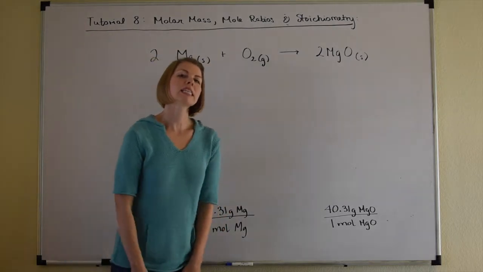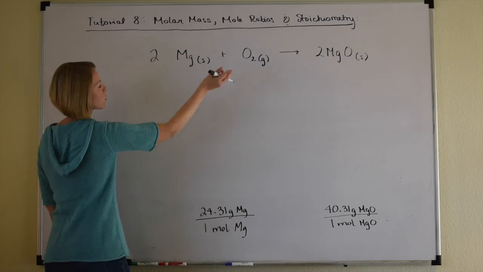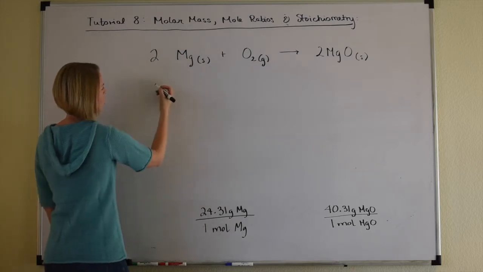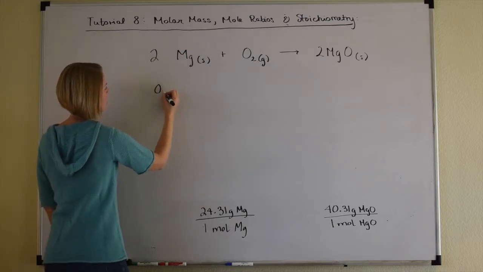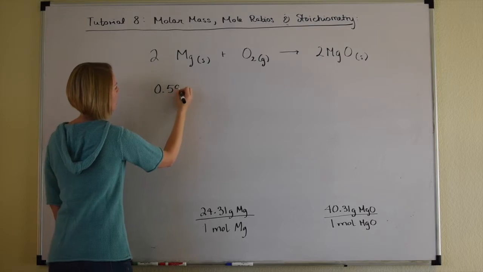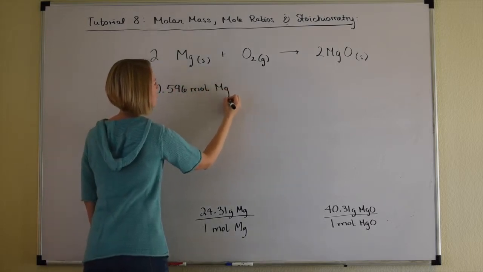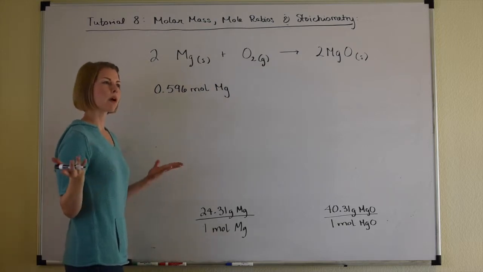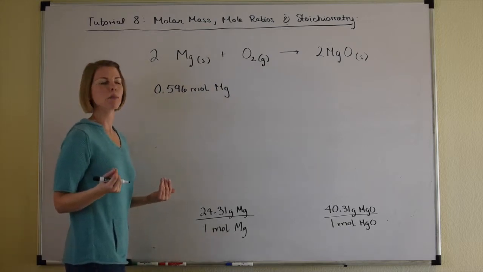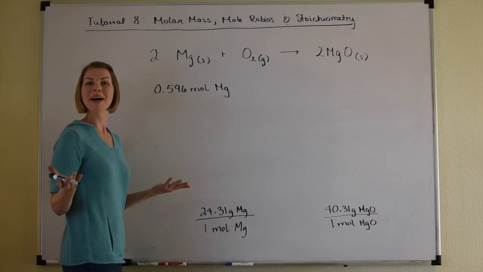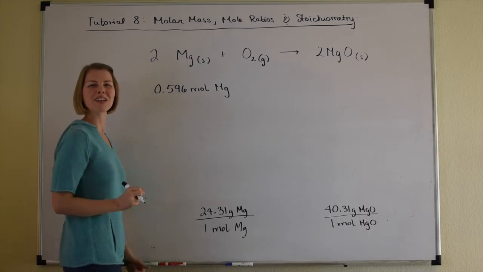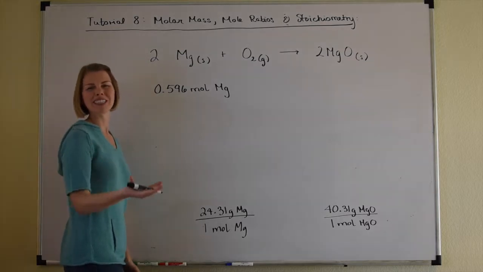All right, so let's say that we were trying to do this reaction and we knew that we needed to use 0.596 moles of magnesium. Okay, and we'd say, well, how many grams is that? Because we can't measure out 0.596 moles of magnesium on the balance. We need to know that expressed in grams.